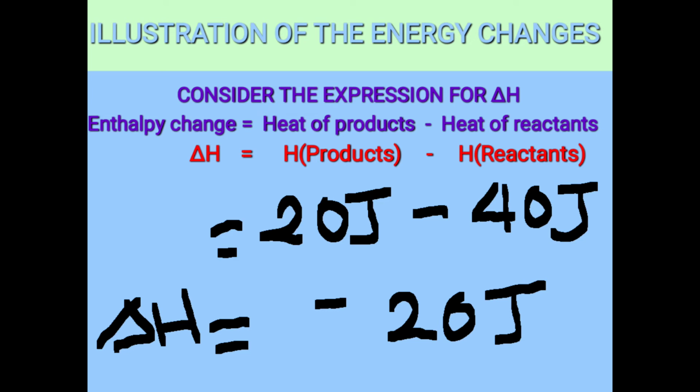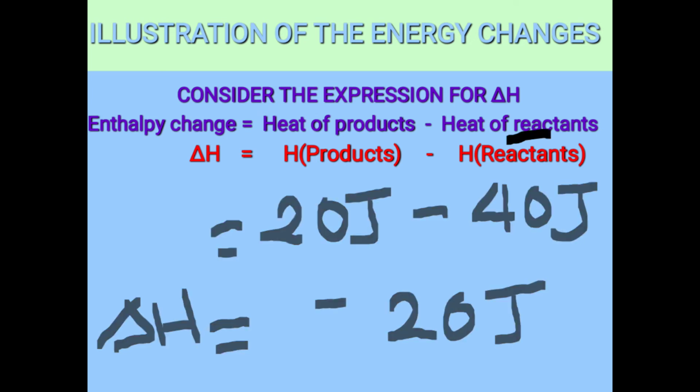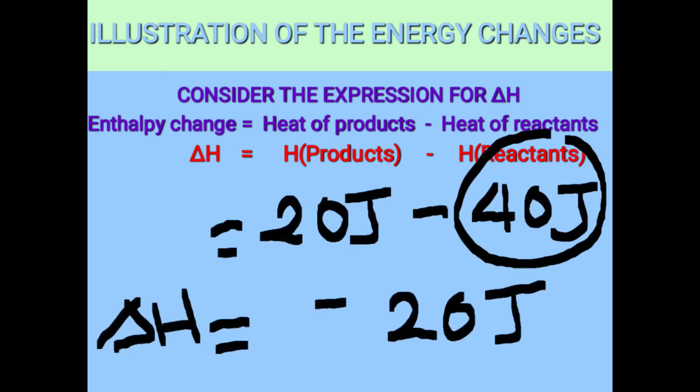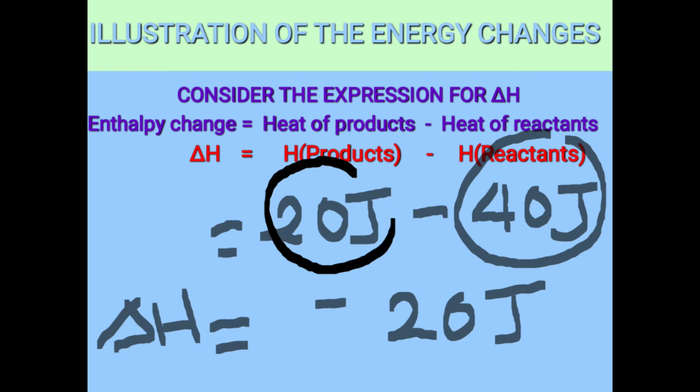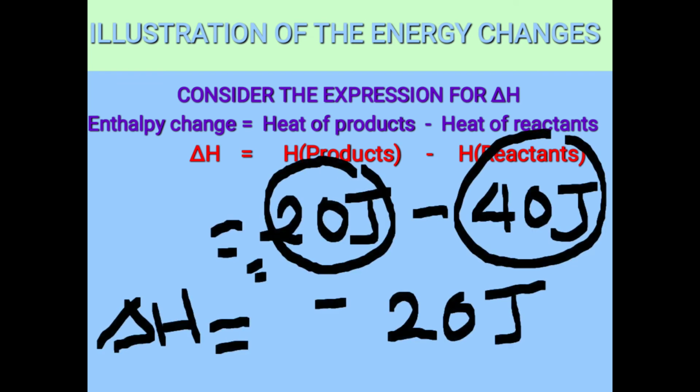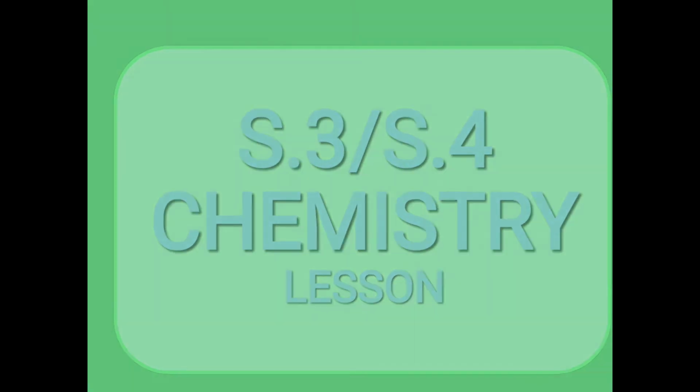A reaction started when reactants were having more energy, 40 joules, but at the end of the reaction, the products were having only 20 joules. Where has the 20 gone?